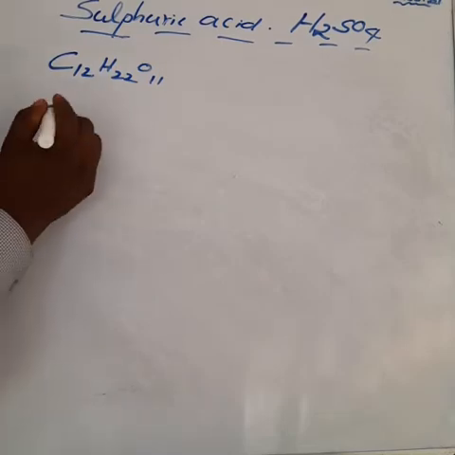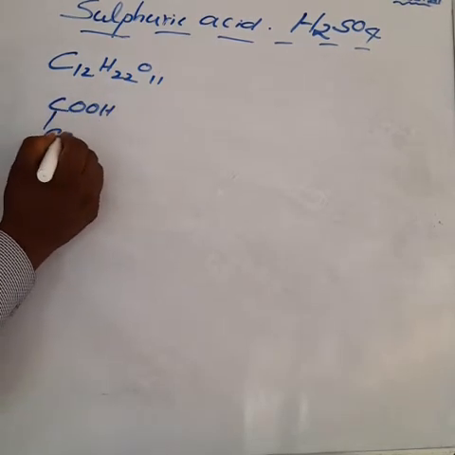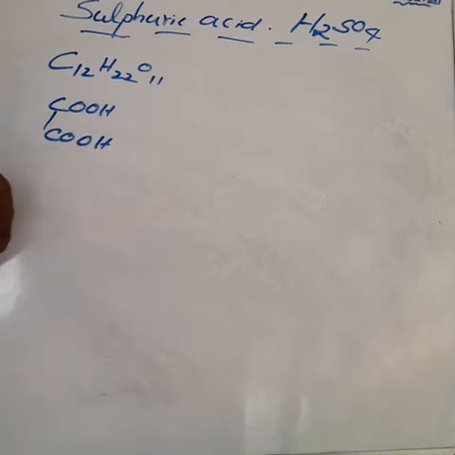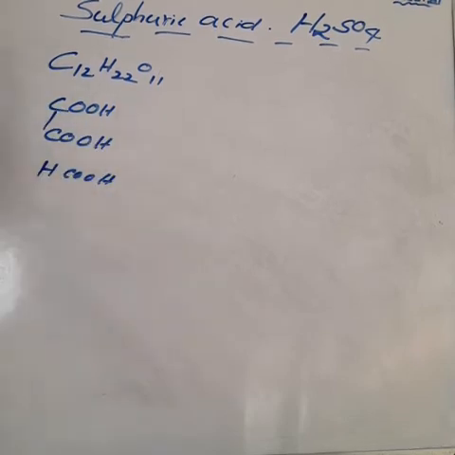Another one I am taking, oxalic acid, formula COOH, and formic acid HCOOH. These are the three organic compounds I am taking. One is sucrose, a disaccharide, C12H22O11.